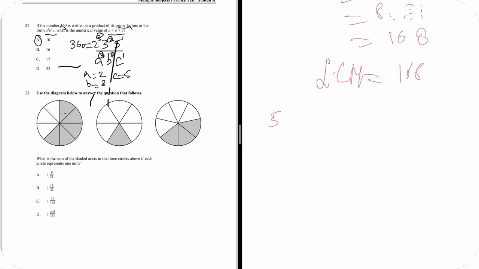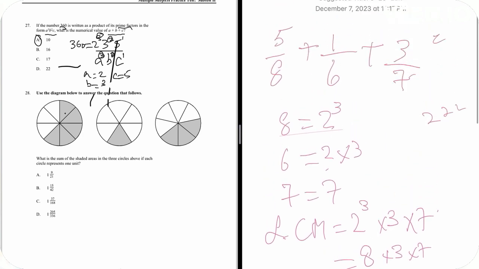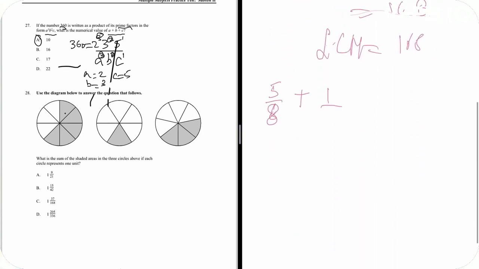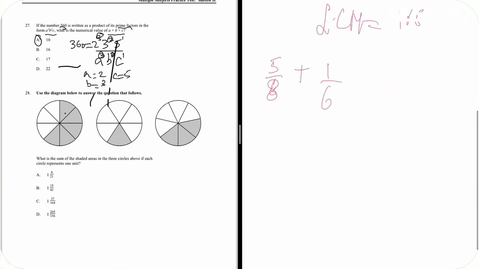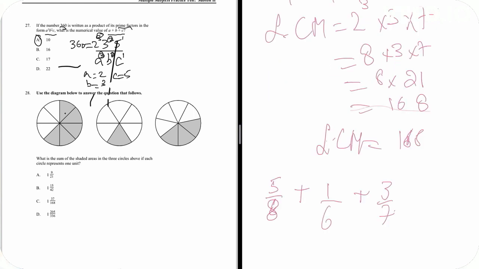So we have 5 upon 8 plus 1 upon 6, and then 3 upon 7. Now, if you look at the factors of 168, it is 8 times 21.